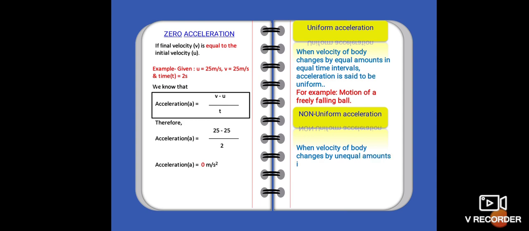When velocity of a body changes by unequal amounts in equal intervals of time, acceleration is said to be non-uniform. For example, motion of a car. So these are the examples of uniform acceleration and non-uniform acceleration.